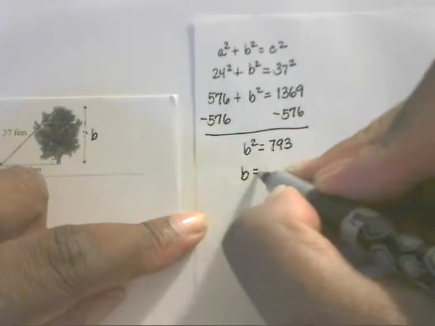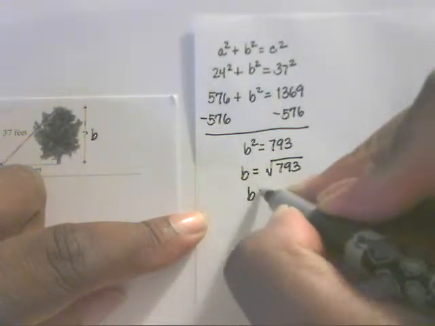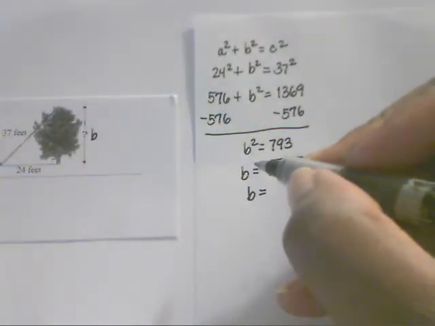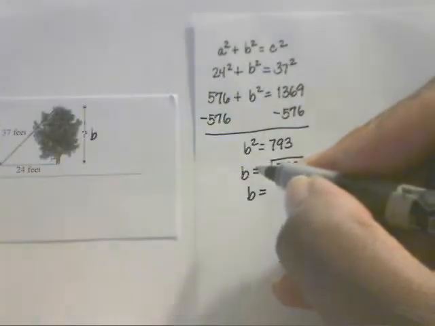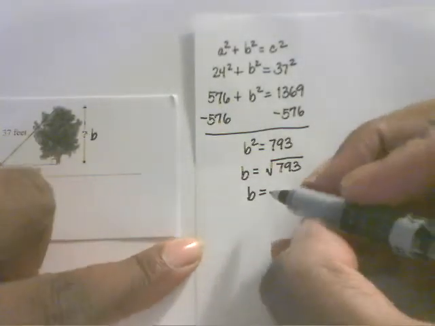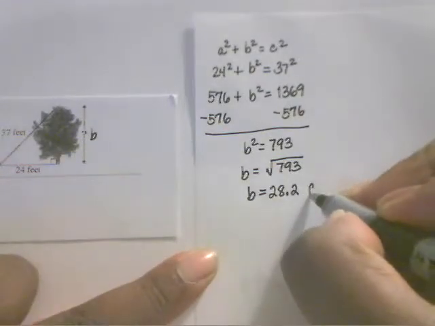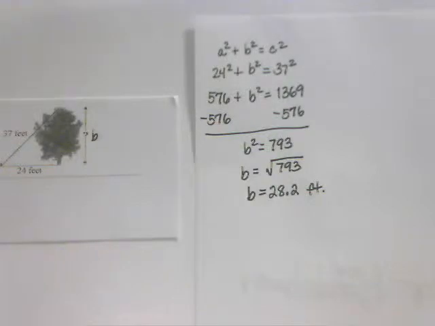And then to get the B by itself, you take the square root of 793. So now B is equal to, let's see, square root 793. That will give you, to the nearest tenth, 28.2, and it'll be approximately 28.2 feet.